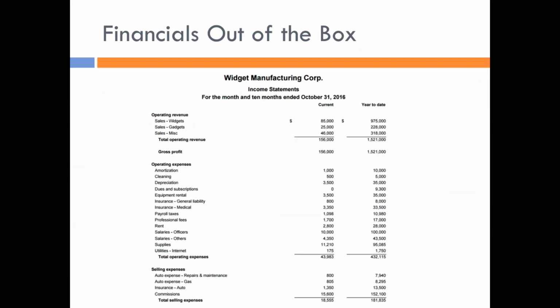One thing I do want to stress: right out of the box, without really doing anything, we have very good professional looking financial statements, but with just a tiny bit of work, you can customize them in several different ways to fit what you want to show.